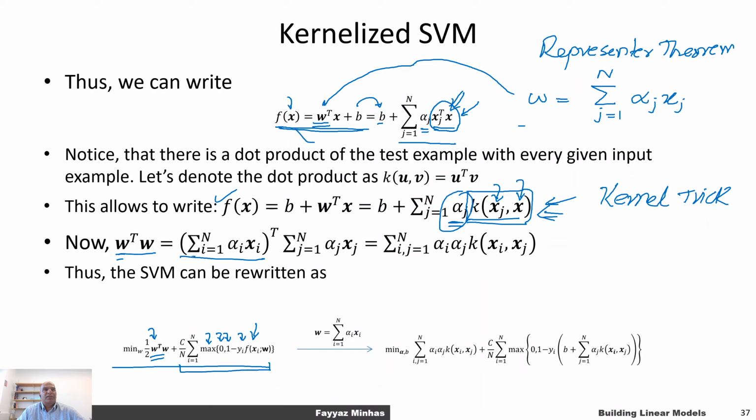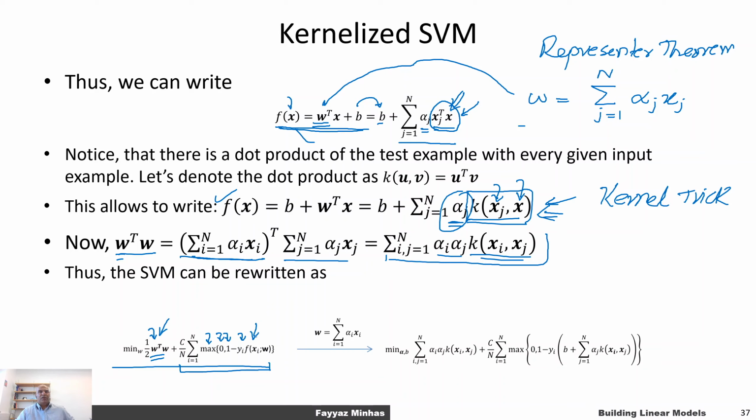This is the first w, this is the second w, and if we combine them, we get a double summation, one going over i from 1 to n and the other over j from 1 to n, of alpha i alpha j k(xi, xj). That is how this bit is being kernelized using the representer theorem.